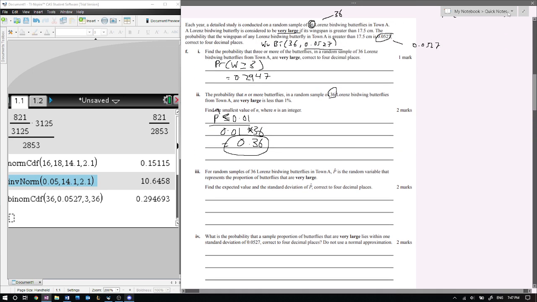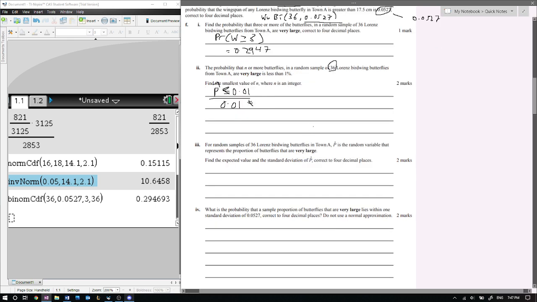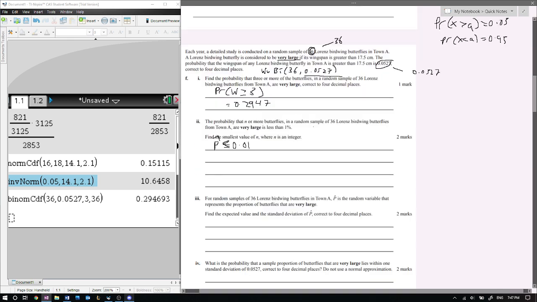Okay, so I've misinterpreted the question again, and the question is basically asking us: find the probability that n or more butterflies in a random sample of 36 are very large is less than 1%. So find the probability that W is greater than or equal to n is less than 0.01, where n is our number of successes.